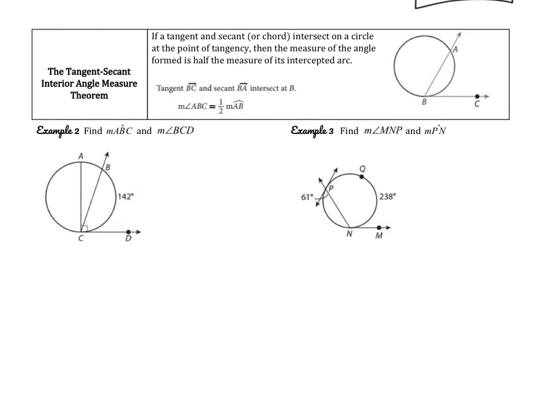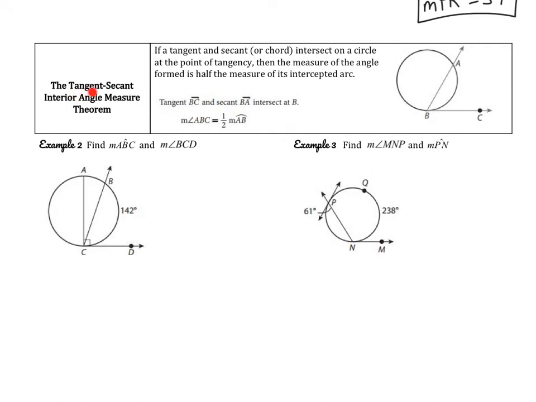All right, so now let's talk about the tangent-secant interior angle measure theorem. This says if a tangent and a secant or chord intersect on a circle, so here you can see BC is a tangent, and AB is a secant, and where they intersect at point B, it's actually on the circle, so a little different than the last one.